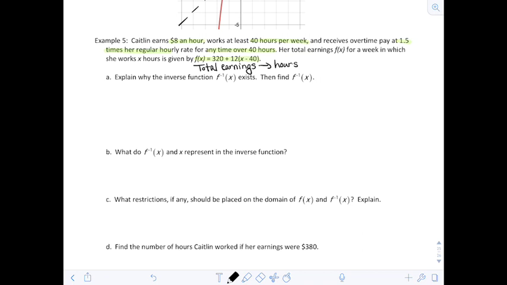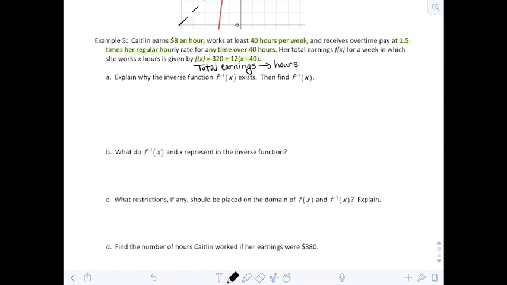So if we think about this in terms of this problem, we know that every amount of hours that she could put in only has one amount of pay that goes with it, and vice versa. Every amount that she makes only goes with one hourly rate.